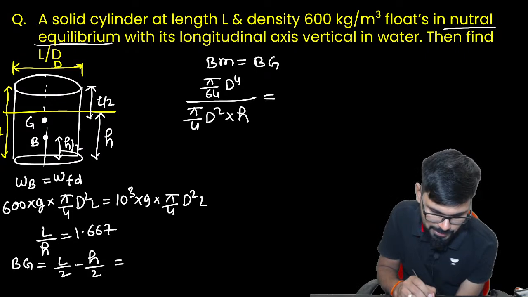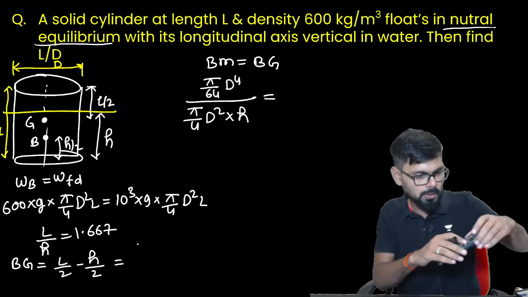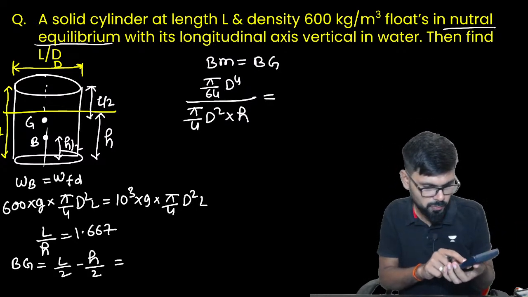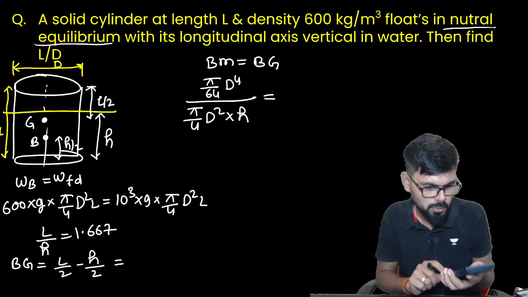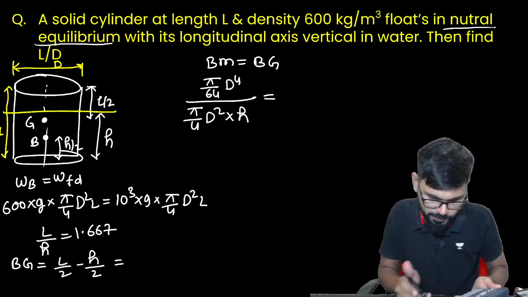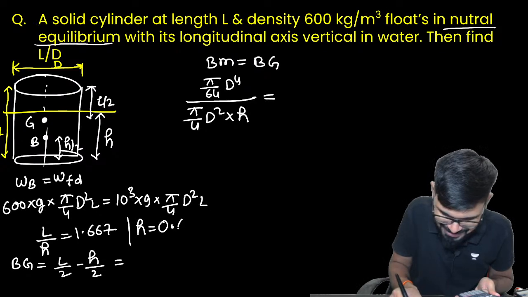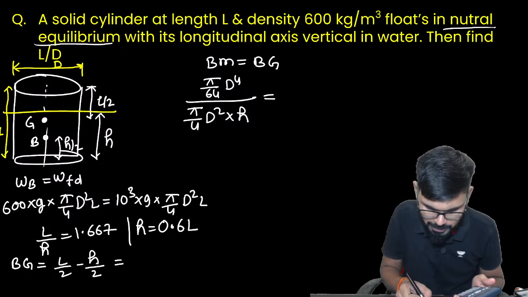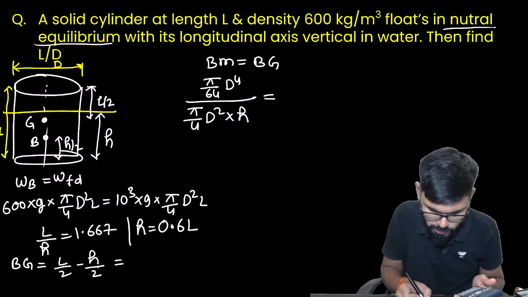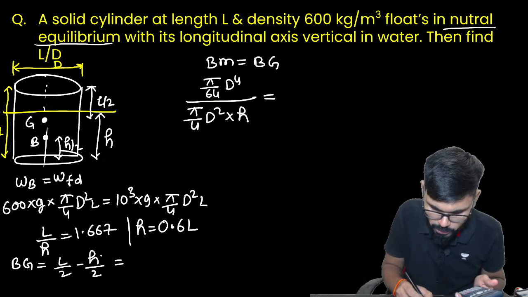H value I can write as 1 by 1.667, so 0.5 minus 0.6. H value is going to be 0.6 times of L. Clear? So it will be easy for us. Now I'll write here 0.6 times of L. So I'll take LCM 2, so it will come 1 minus 0.6, so 0.4 by 2.